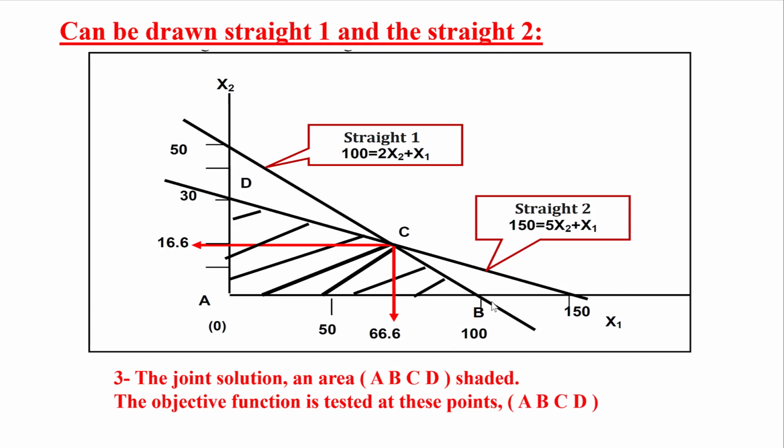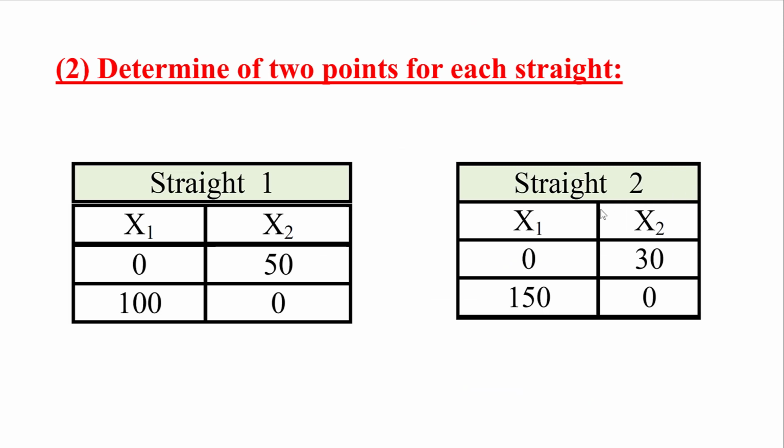So the first constraint we can draw as follows: we connect the 2 points for straight 1. The same we will do with straight 2.